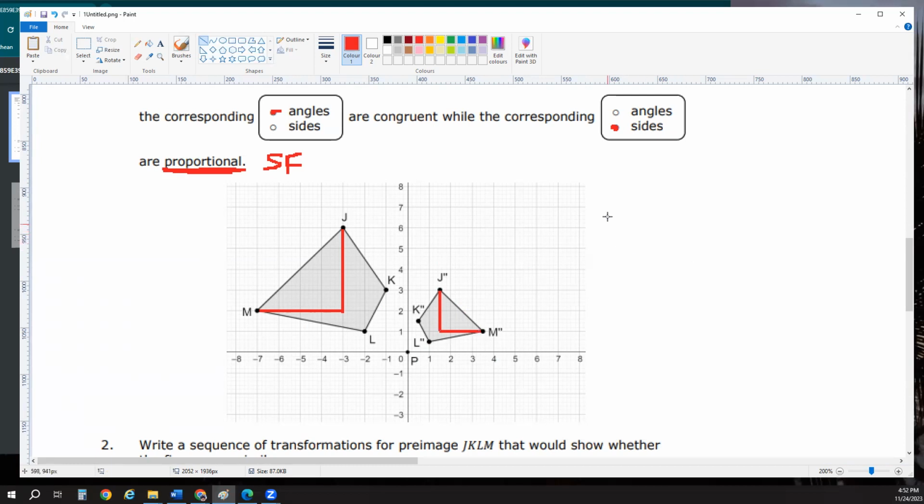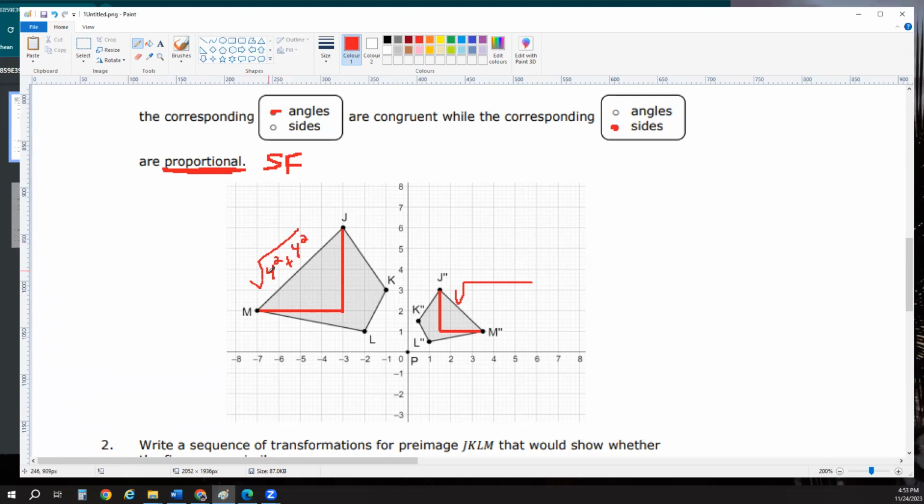Okay, and if I wanted to figure out the distance from J to M, this would be the square root of the distance between my x and my y values squared, right? So the difference between 7 and 3 is 4 squared, plus the difference between 6 and 2 is 4 squared, right?